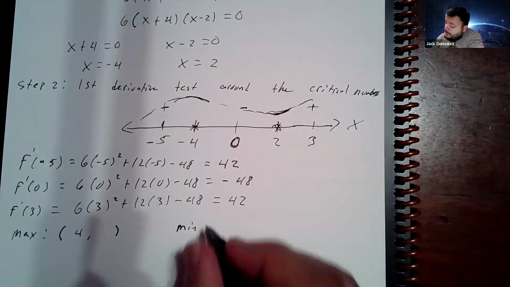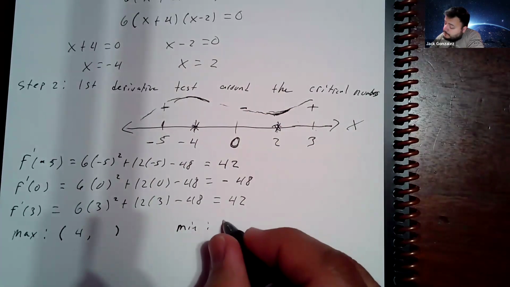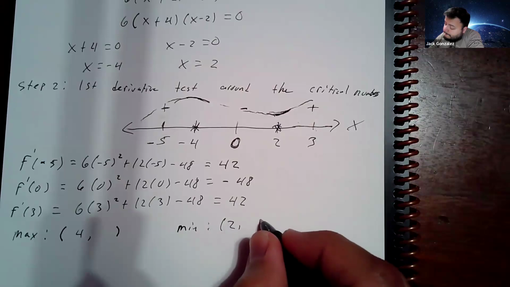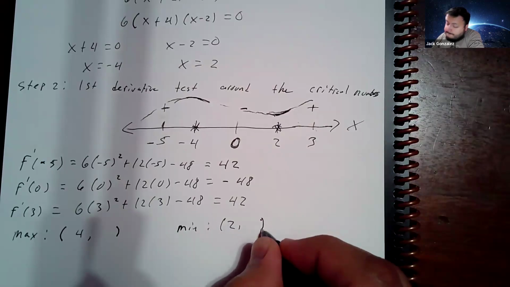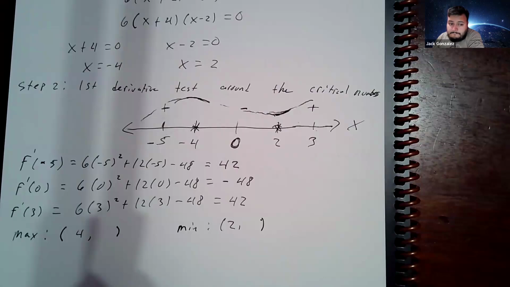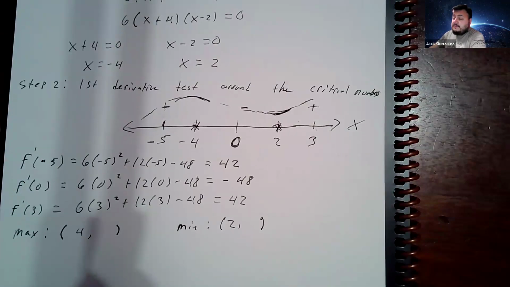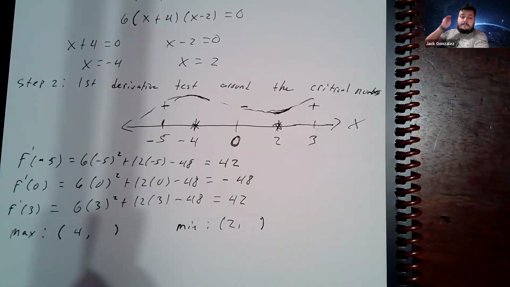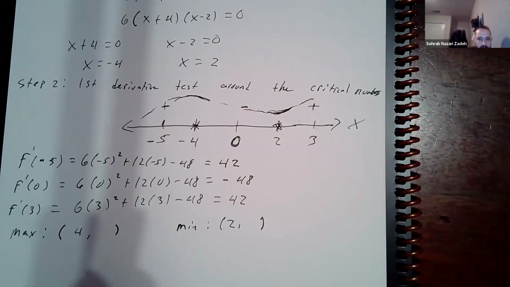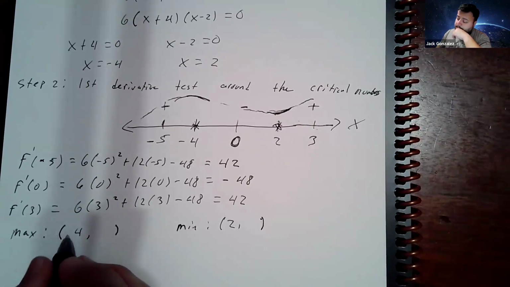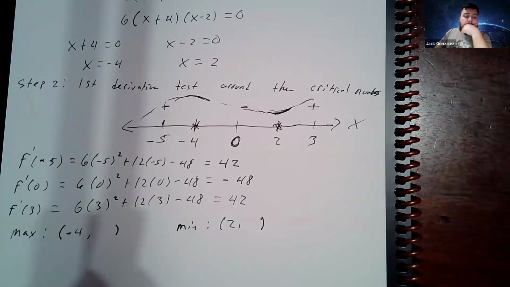So that'll be a minimum at 2 comma something. So in order to find the y value, I have to plug it into the original f. It's going to be -4, right? Or 4. Oh yeah, -4.